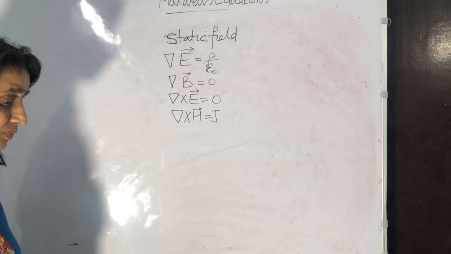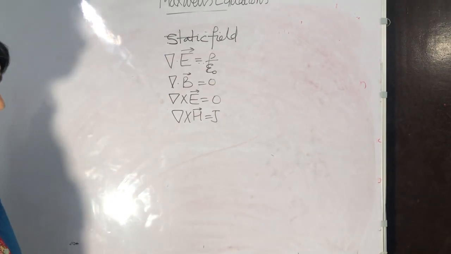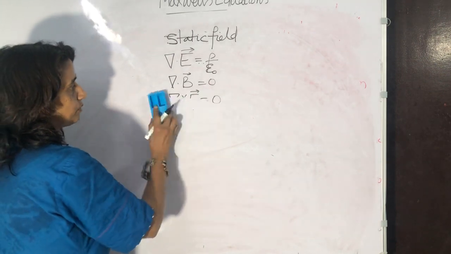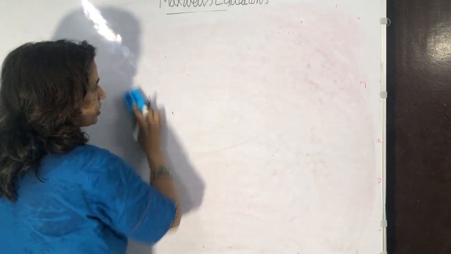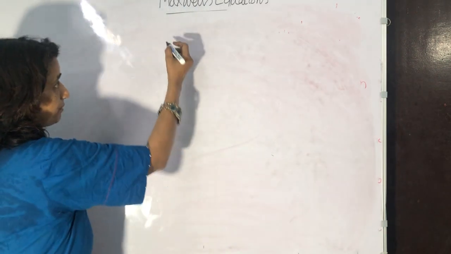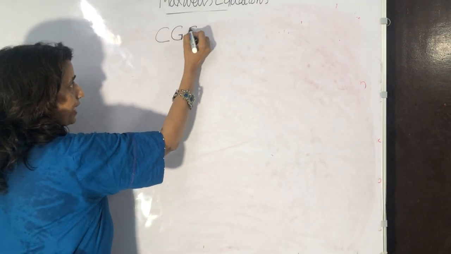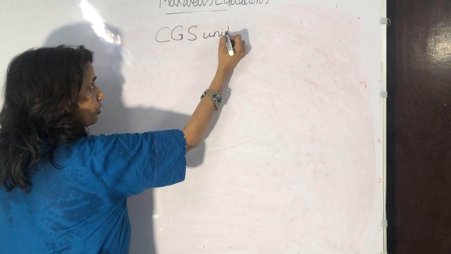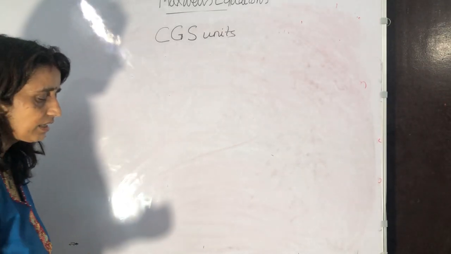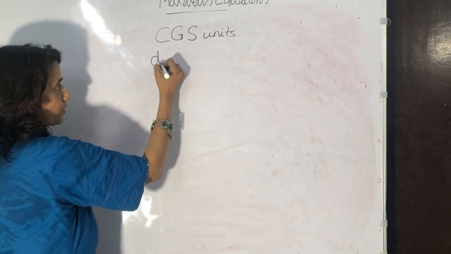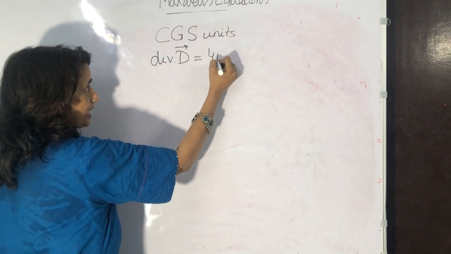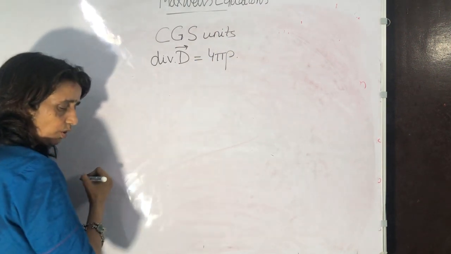Now static field is one which does not change with time. These were all in the MKS system of units. In the CGS system, that means centimeter, gram, second units, Maxwell's equations are also written, but in a bit different form. How do you write them? Additional factors of 4 pi etc. come in. So the first equation becomes divergence D is 4 pi rho.